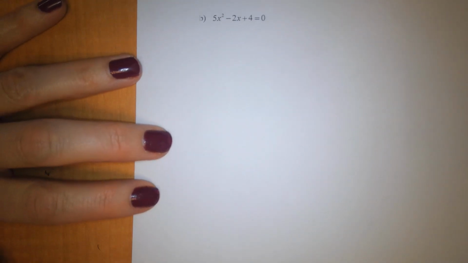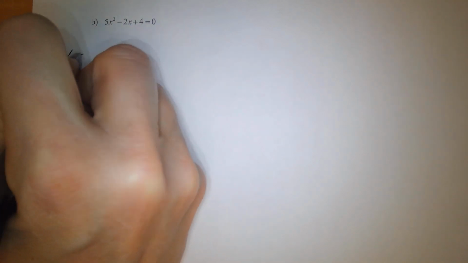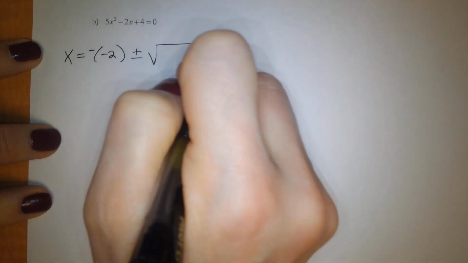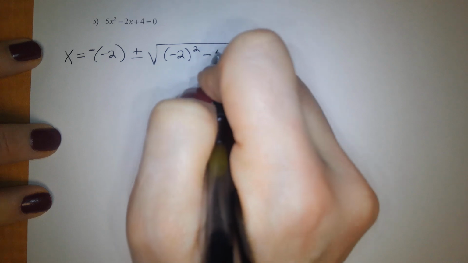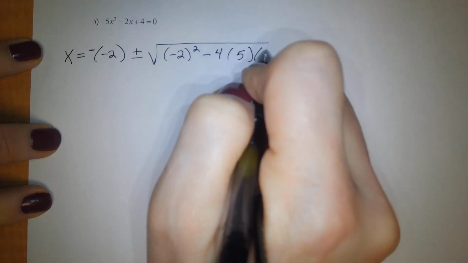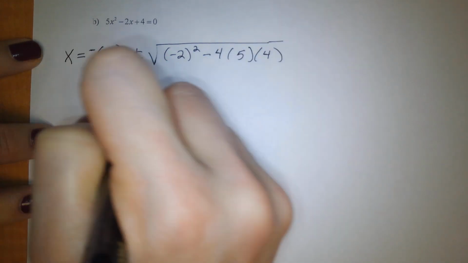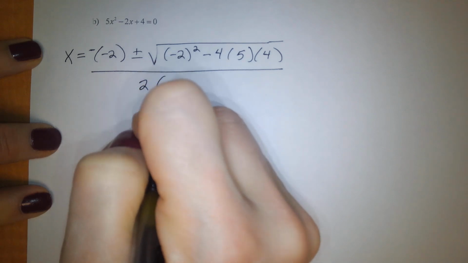Let's do one more. Let's find the solutions here. Let's use the quadratic formula. So x equals negative b plus or minus the square root of b squared minus 4ac, all over 2a.